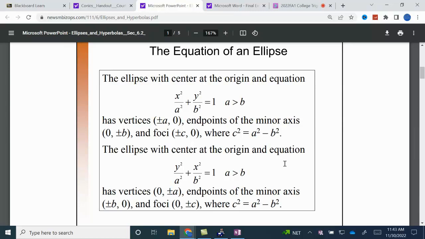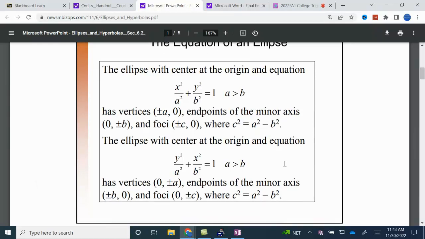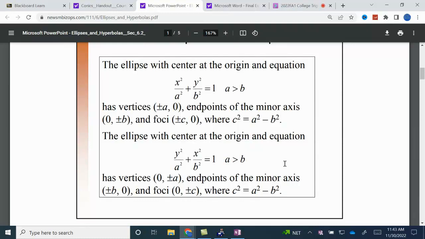An ellipse can also take this form, y squared divided by a squared plus x squared divided by b squared is equal to 1, where a is greater than b. Notice that the difference in the two formulas is that a would be the largest denominator, and it's located underneath the y variable.